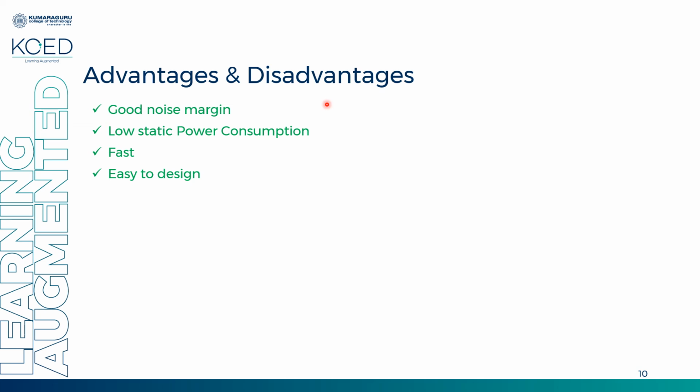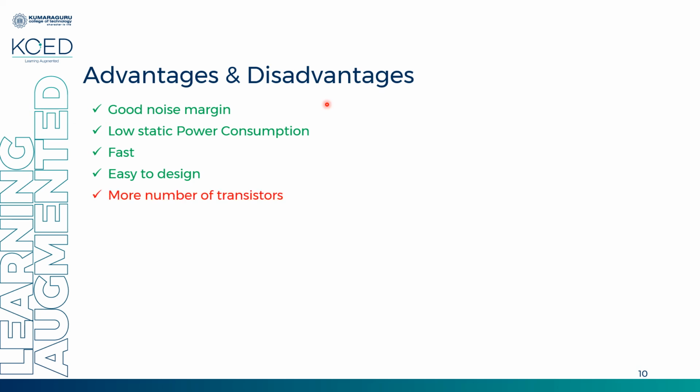And a low static power consumption. When compared to ratioed logic, you have very little static power consumption because you don't have a path from VDD to ground at any instant. You will not have a direct path from supply to ground. Whenever you have a direct path from supply to ground, when any input is forced, that is static power consumption. But here in this case, you don't have any such condition, and it is fast and easy to design.